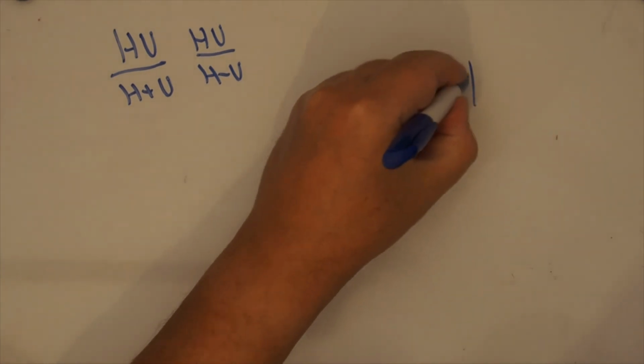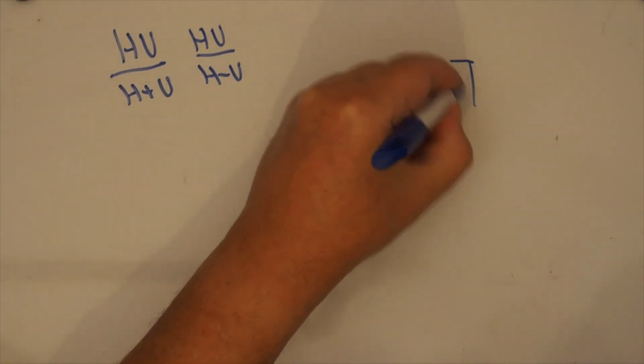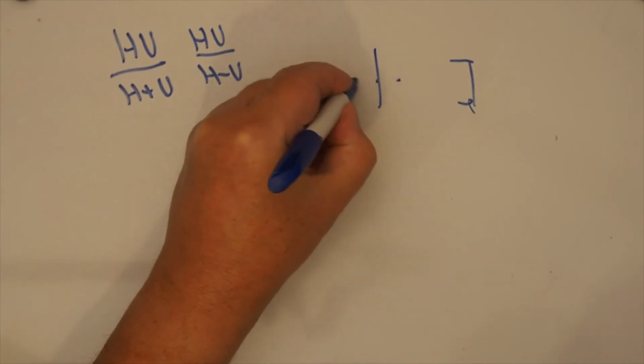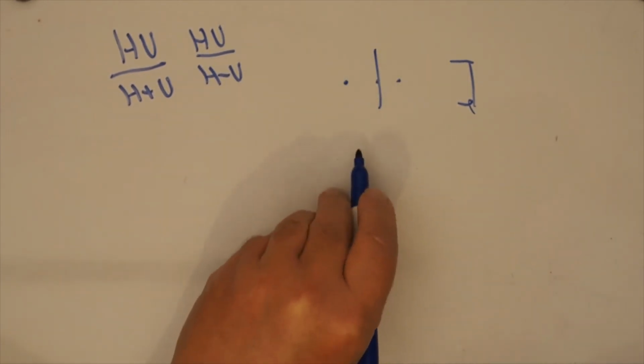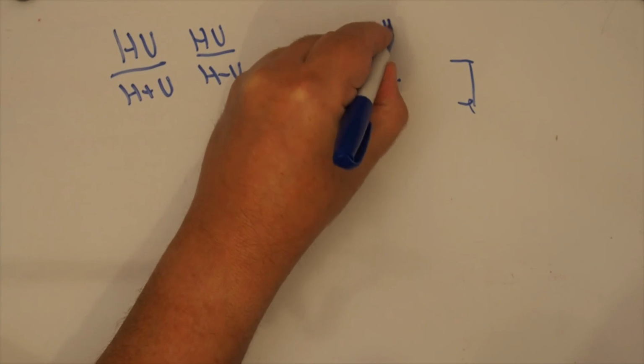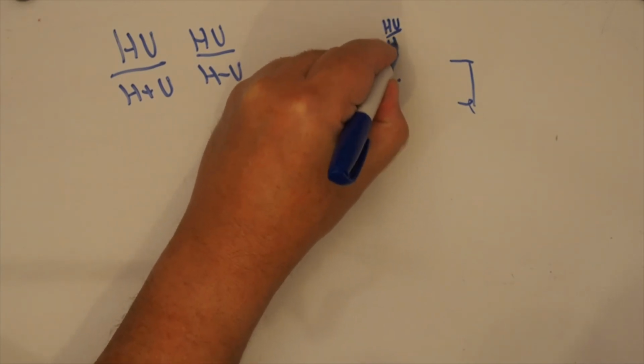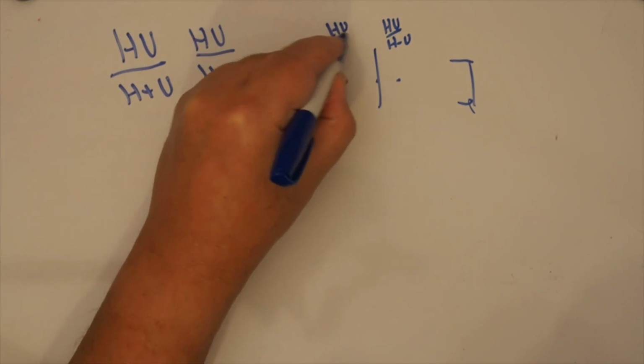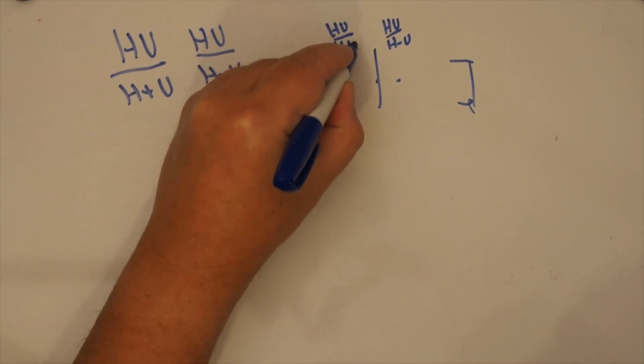So here is my lens, and here's my focal plane. So this would be HU over H minus U, and this would be HU over H plus U.